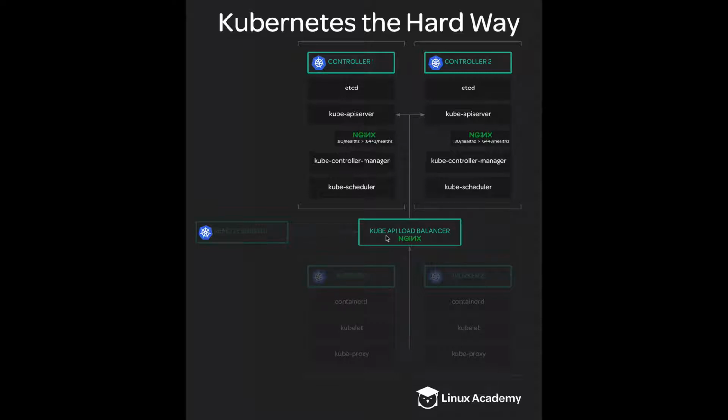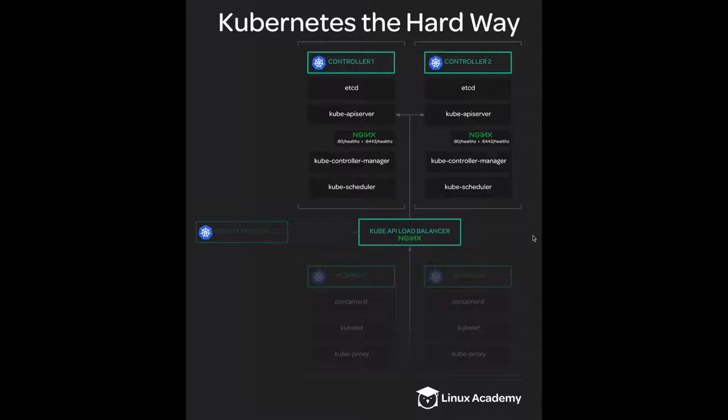We can interact with it using the Kube API load balancer, and that allows us to balance that load across multiple Kubernetes controllers. So ultimately, we could have any number of Kubernetes controllers and have a more highly available setup because we are load balancing that Kube API server usage.